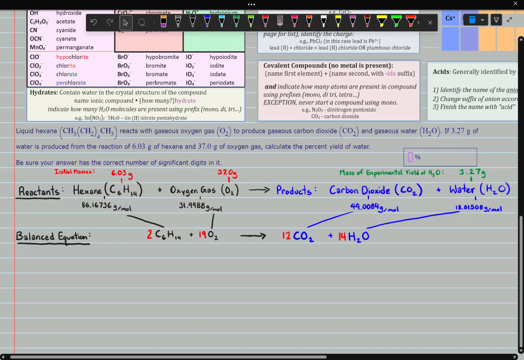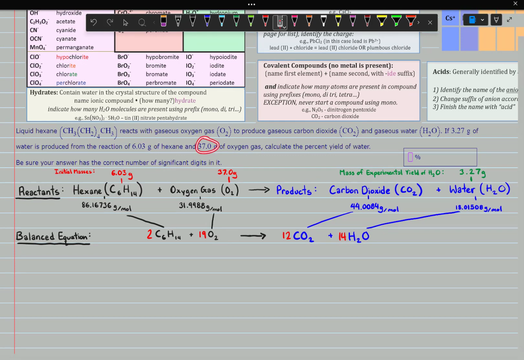We started out with 6.03 grams of hexane and 37 grams of oxygen gas, and in our experiment that we performed, we got 3.27 grams of water produced.